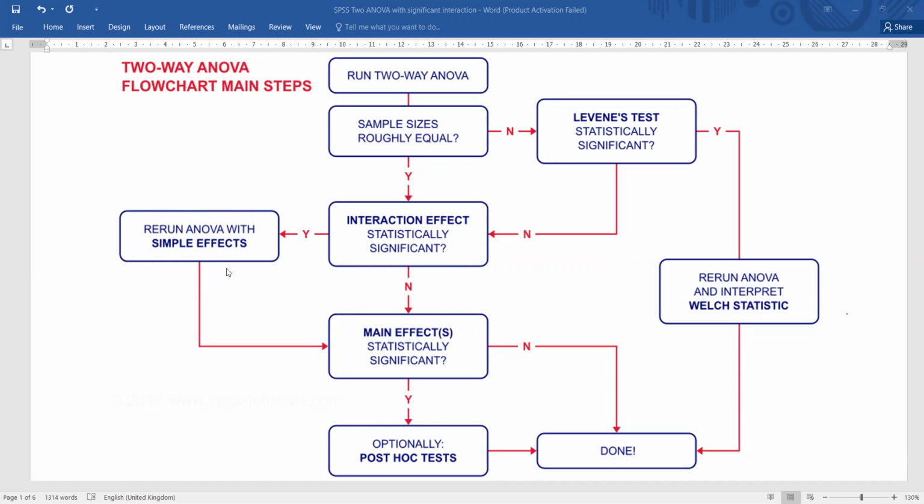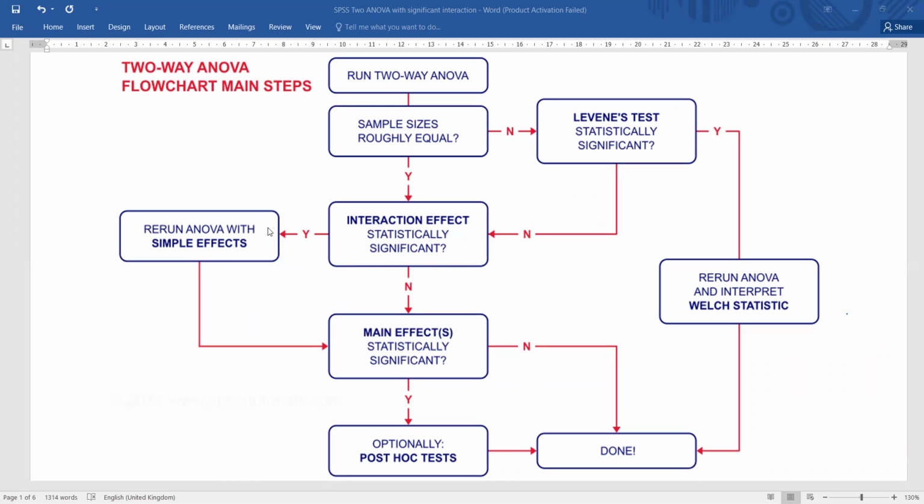Simple effect means you have to analyze the BDI separately for male and female. So you have to split the entire data file with respect to male and female, along with the medicines. What is the effect of the medicine on the BDI for males, and what is the effect of the medicines on females? These two analyses have to be done separately if we have a significant interaction. If the interaction is not significant, we can directly analyze the output of the two-way ANOVA.